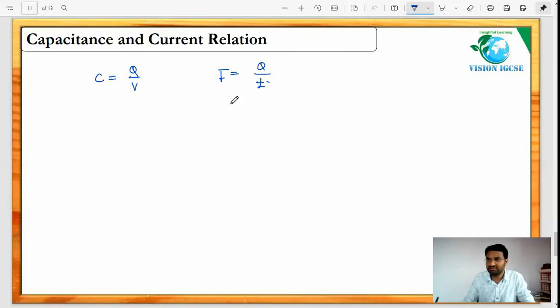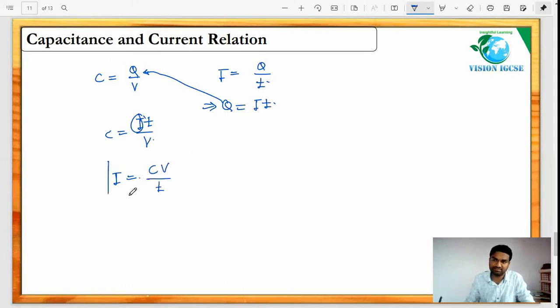Just rearrange these terms: Q is equal to IT, and put this Q in the capacitance equation. So you will get C is equal to IT over V, right? And if you want to find this I, just rearrange the terms and you will get I equal to CV over T.